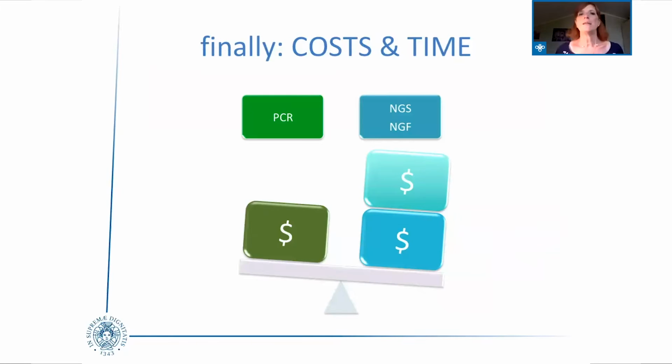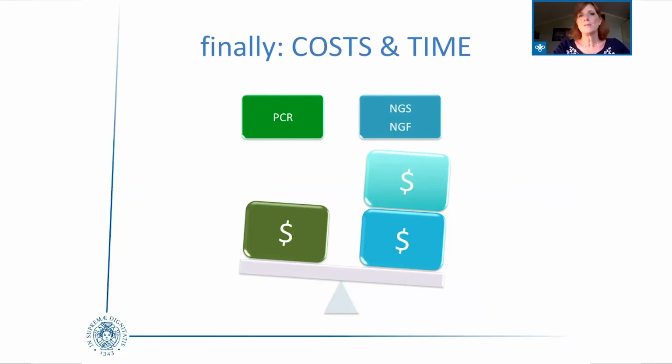And finally, the costs. Usually, we say that NGS is more expensive than PCR. It's probably true, but you have to consider the time for ASO-PCR and the time for NGS. If you consider that for ASO-PCR the time is long and that NGS is an unsupervised method, I think that the costs are the same.